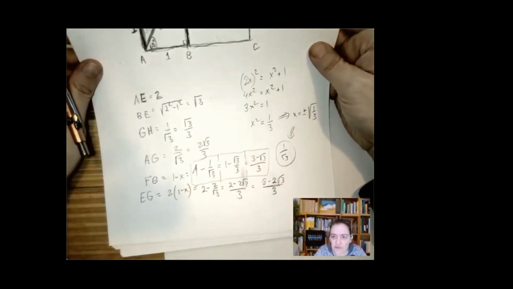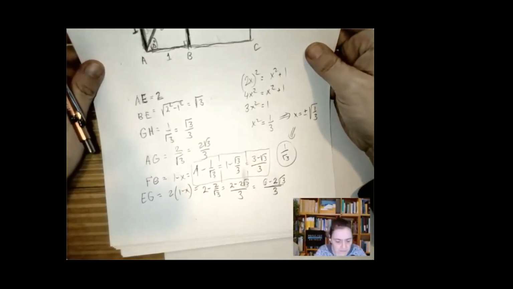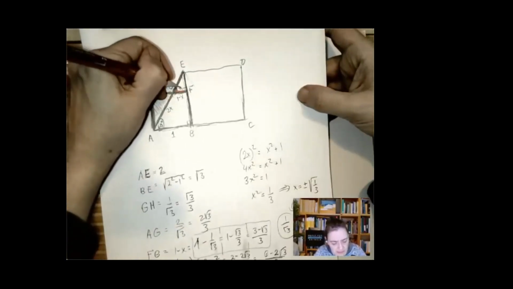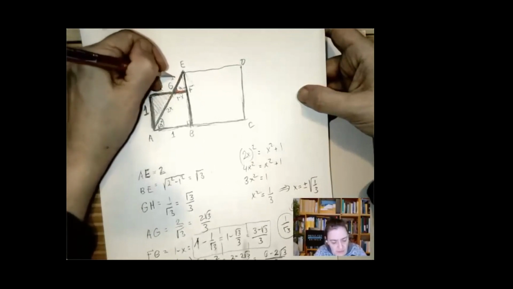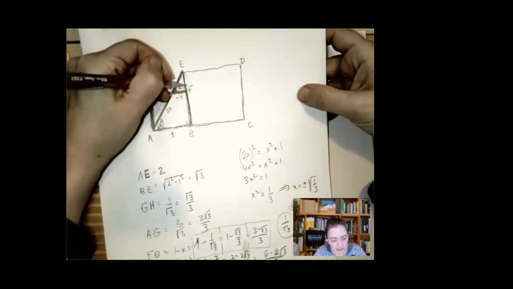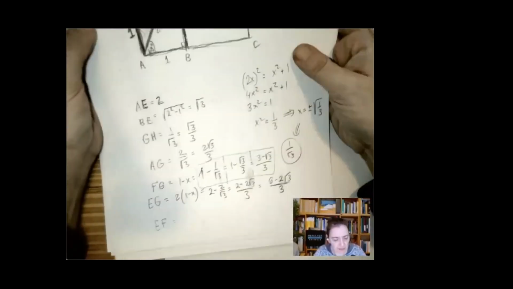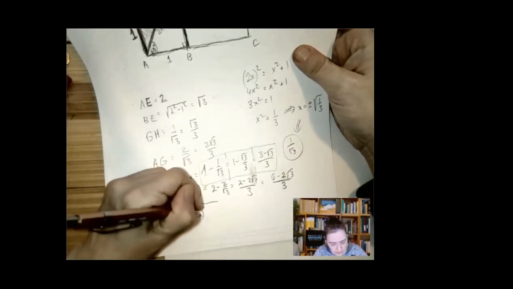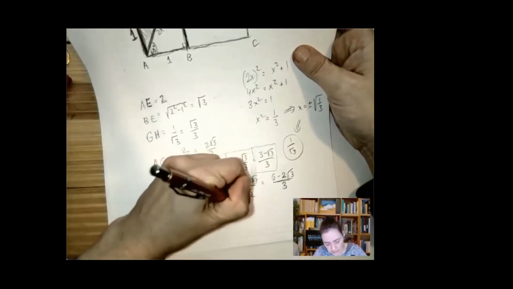Okay, there's just one more left, EF. Let me just call this red line segment A just for a split second. And then this is 2A. And this is what we want to find. So by the Pythagorean theorem, that would be square root of 2A squared minus A squared. That's square root of 3A squared.